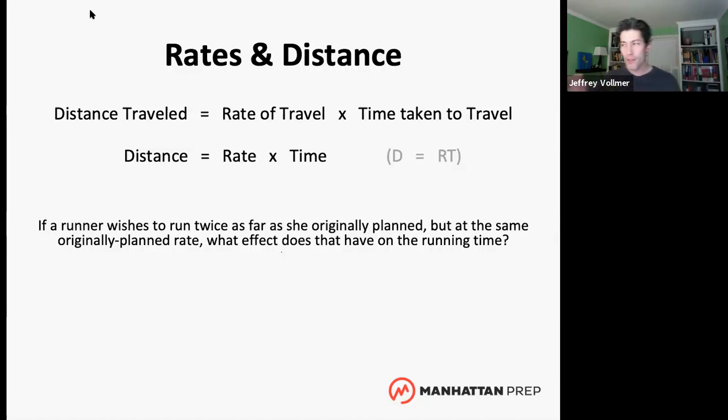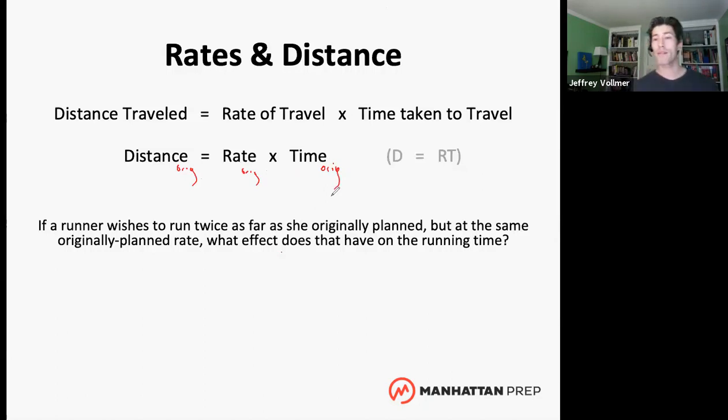And we're going to tinker with the equation here. Now instead of running the original distance, maybe we can write that up here: the distance for the original at an original rate, at an original amount of time, we're going to alter some things.